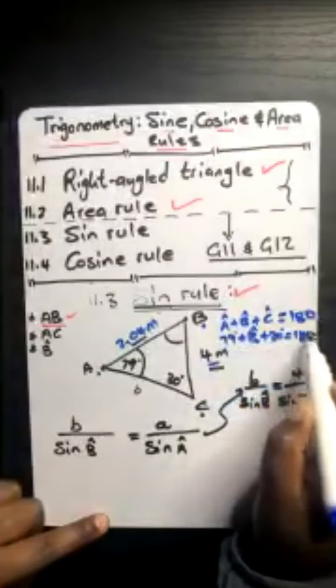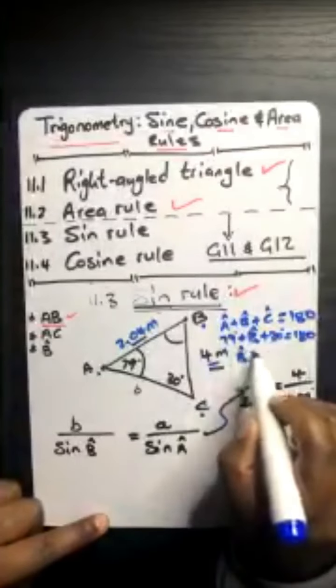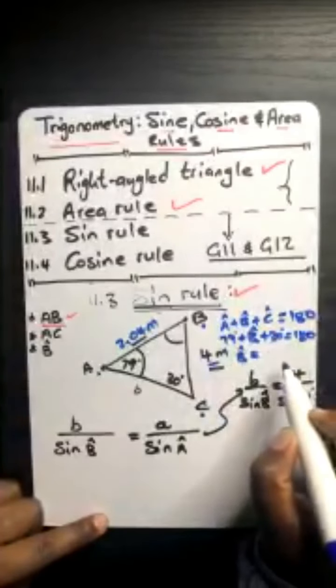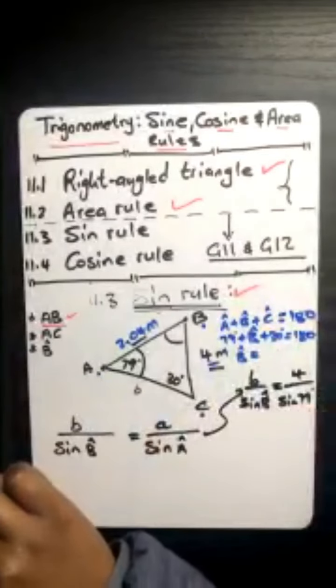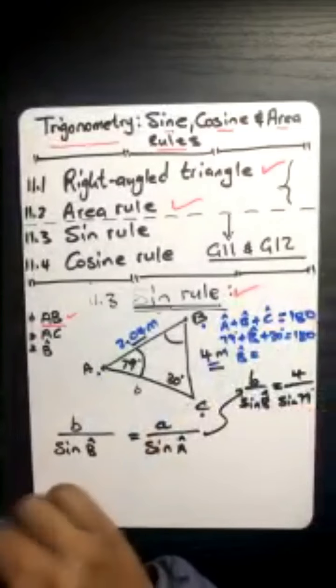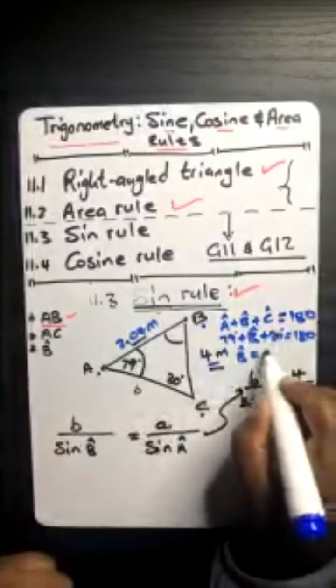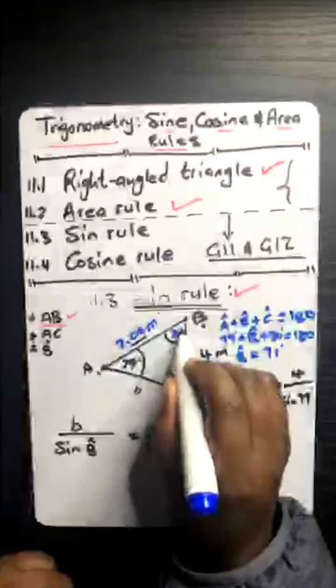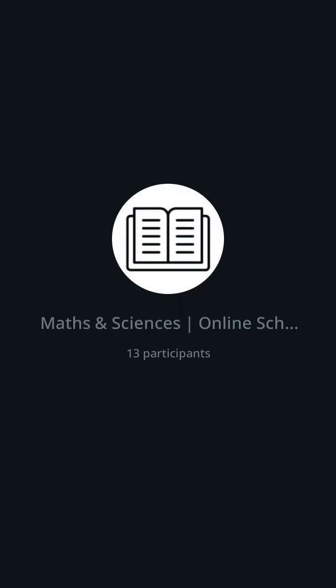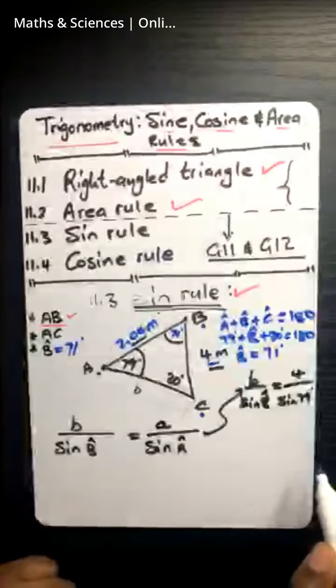All of these must be equals to 180 degrees, which means angle B, what is it? It is going to be 180 minus 30 minus 79, which is 71 degrees. So already we have indirectly answered that question.